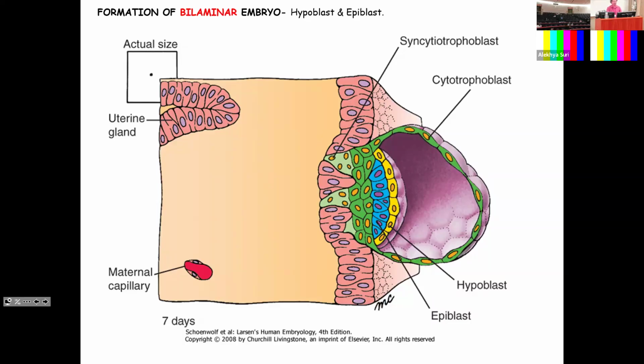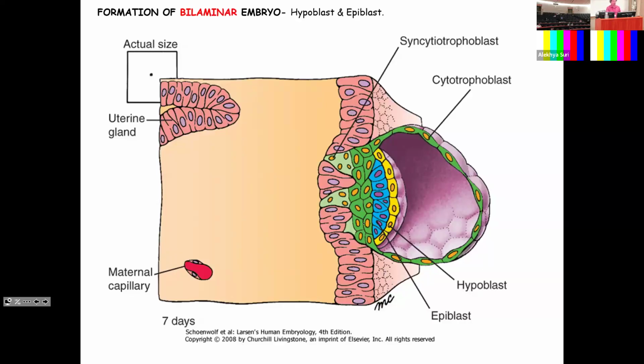The syncytiotrophoblast is made out of tetraploid cells, meaning that there are 4 nuclei in these cells. It doesn't really matter, but these are essential for implantation. And then we have a cytotrophoblast also, very important.